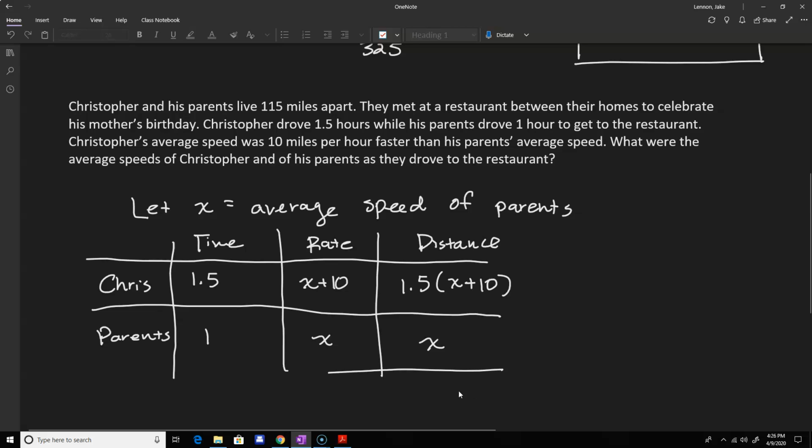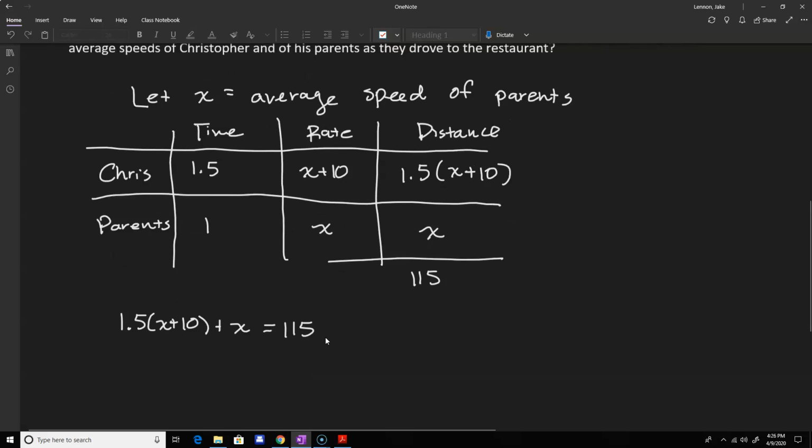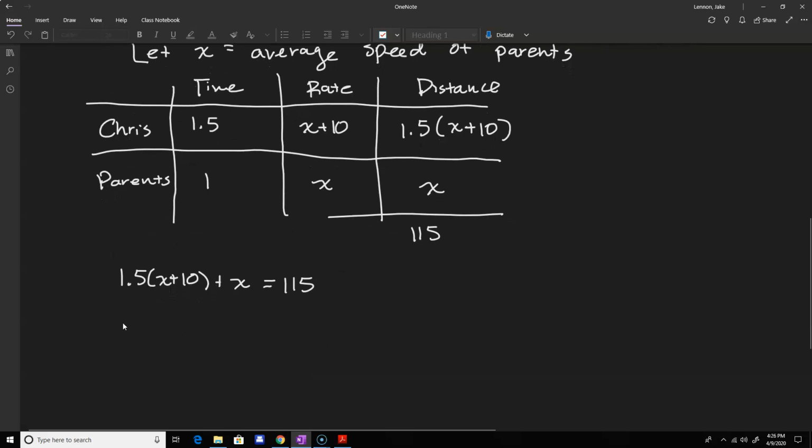So here we know, again, the total distance between them is 115. So if you add the two partial distances, you get the total distance. So that's where our equation is going to come from. We know that 1.5 times the quantity x plus 10 plus x should equal our total distance of 115. So we just go ahead and distribute.